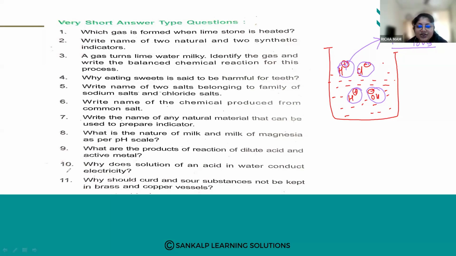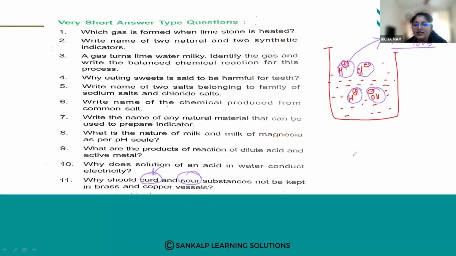Why should curd and sour substances not be kept in brass and copper vessels? Curd has a slightly acidic pH.